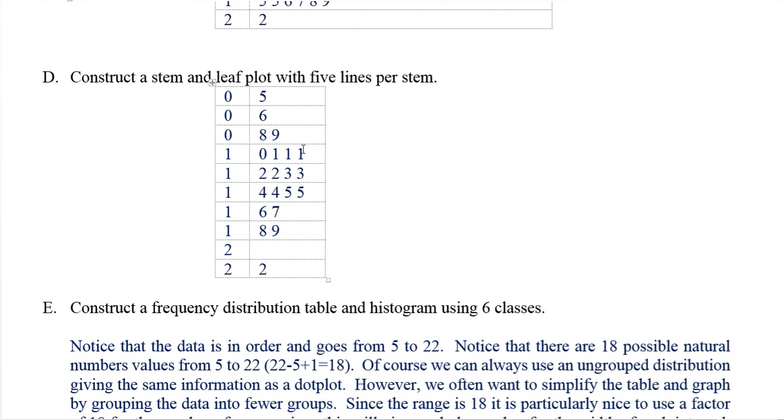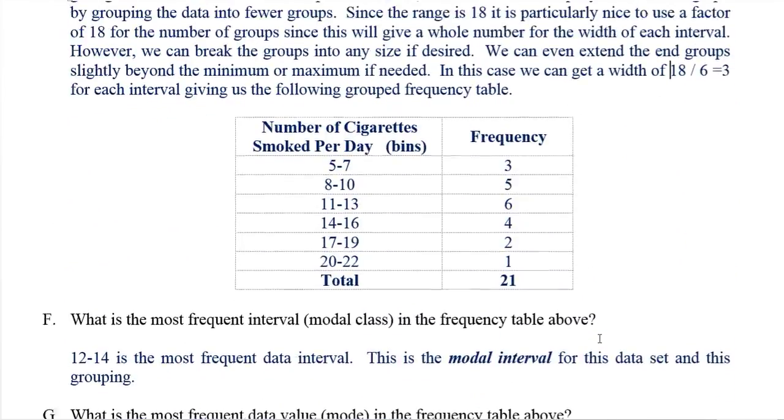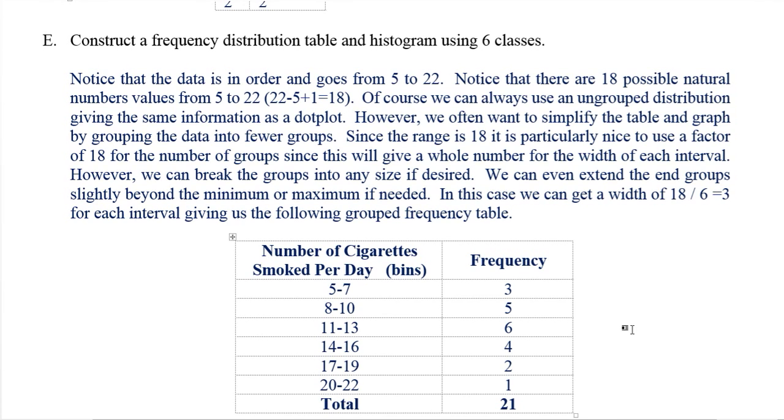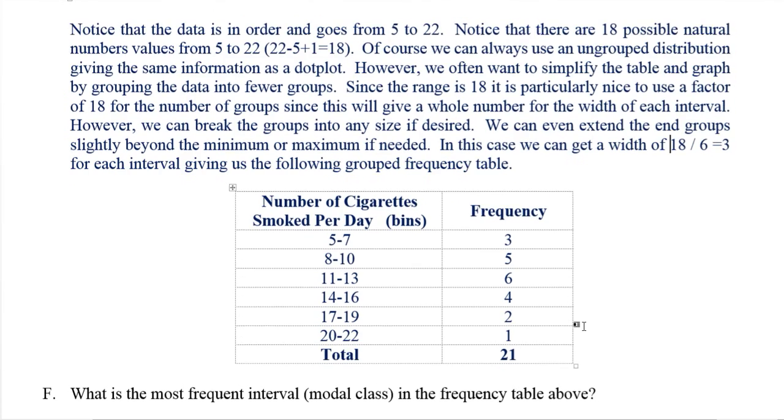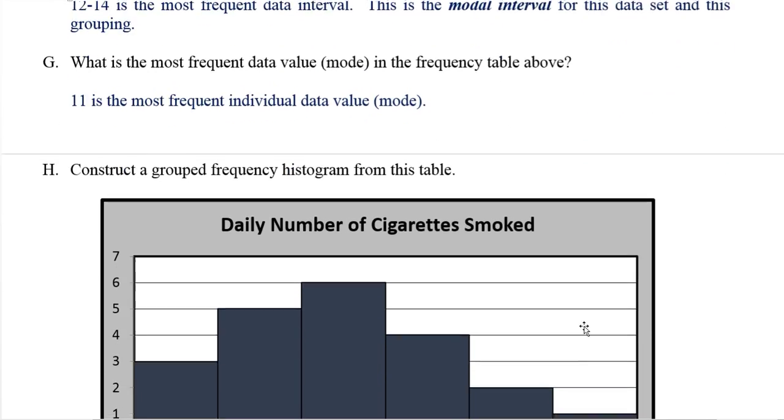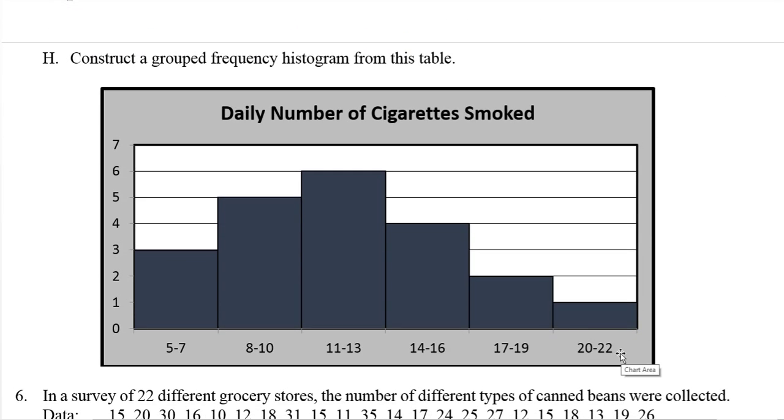So there's 1, 2, 3, 4, 5, 6, 7. 14 to 16 is 5. 17 to 19 is 3. And then the last group has 1 in it there, from 20 to 22. So there's one way we could do it, and then we could do a histogram based on that, like this.